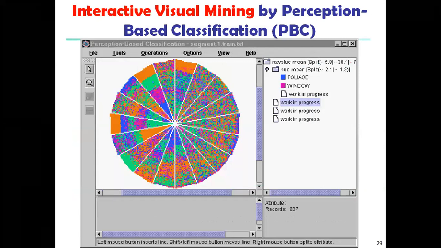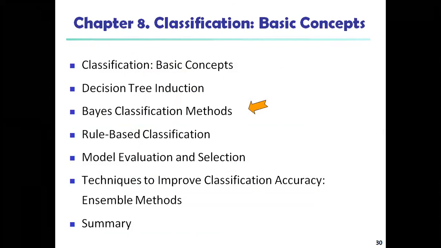See here, this is the interactive visual mining, perception based classification. Once the decision tree induction is completed, next, now we have to discuss Bayesian classification.